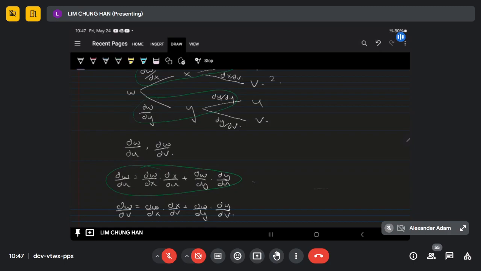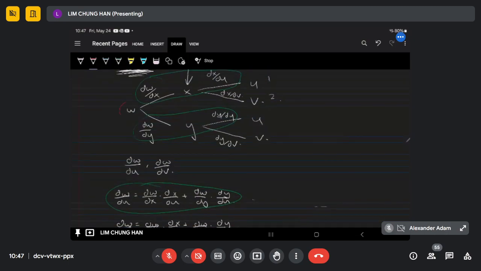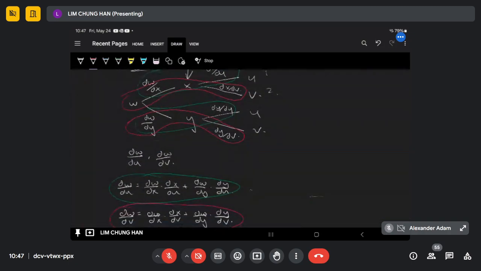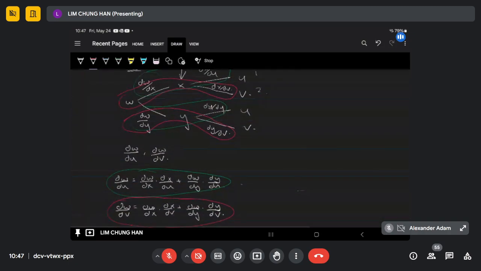This is another. You're gonna use red color here. This is gonna be another solution. You can see dw dx times dx dv plus dw dy times dy dv. This is another solution here. So two possible solutions.